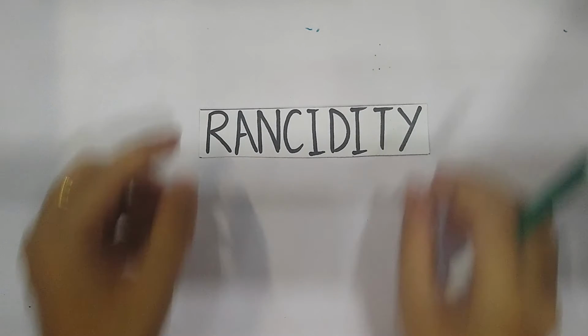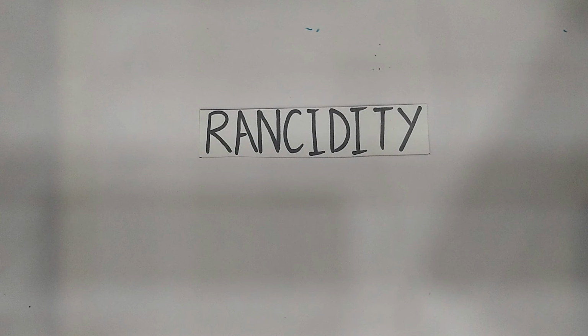Now, another effect of oxidation is rancidity. What exactly is rancidity? It is the oxidation of fats that is caused by hydration. By hydration, I mean water. So what is happening in this process? It is oxidizing the fats and oils when exposed to air.